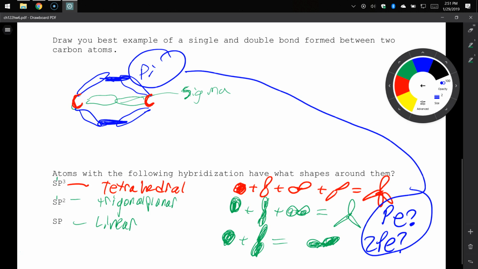So it could be 2 double bonds to the same carbon atom making a triple bond, or it could be a double bond going one direction and a double bond going in another direction. But it would have to be 2 pi bonds for the sp and 1 pi bond for the sp2. Because that other electron has got to be making a bond with somebody.